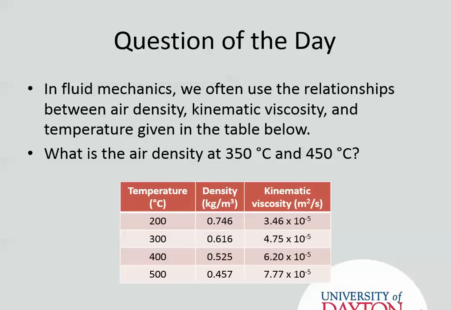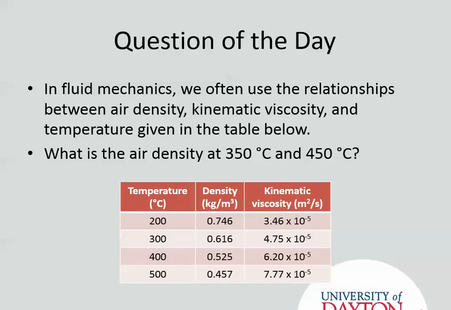Make sense? What about 450? Which spline equation would I plug 450 into to get the air density? 1, 2, or 3? 3, because it's between our 400 and 500 values.